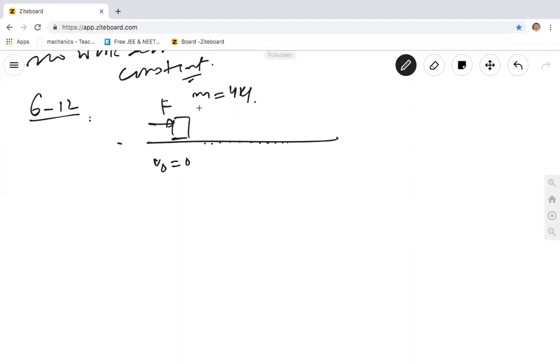This force has a 32 newton magnitude, and the particle goes in the forward direction. Then the force is removed, and finally the object has a velocity of 2 meters per second. Over what distance does the force act? We have to find this d.